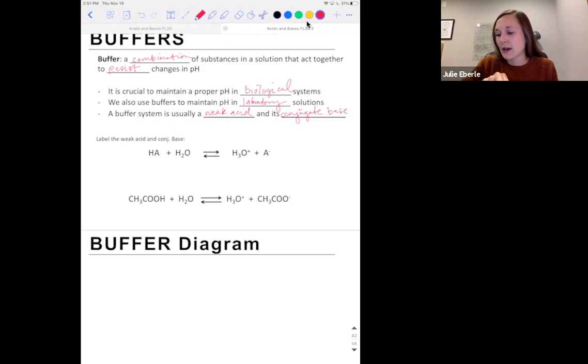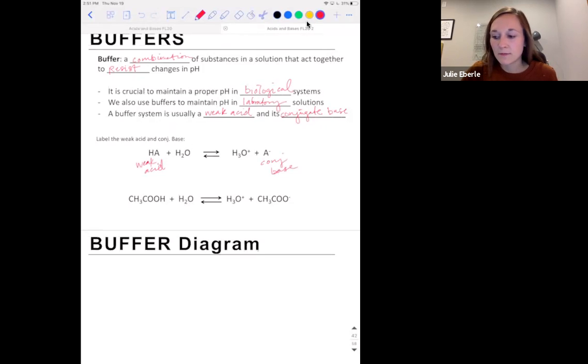All right, so you should have for the first equation, this right here is the weak acid. And we know once an acid gives away the hydrogen ion, what's left over is the conjugate base. Okay, so you should have that for the first one.